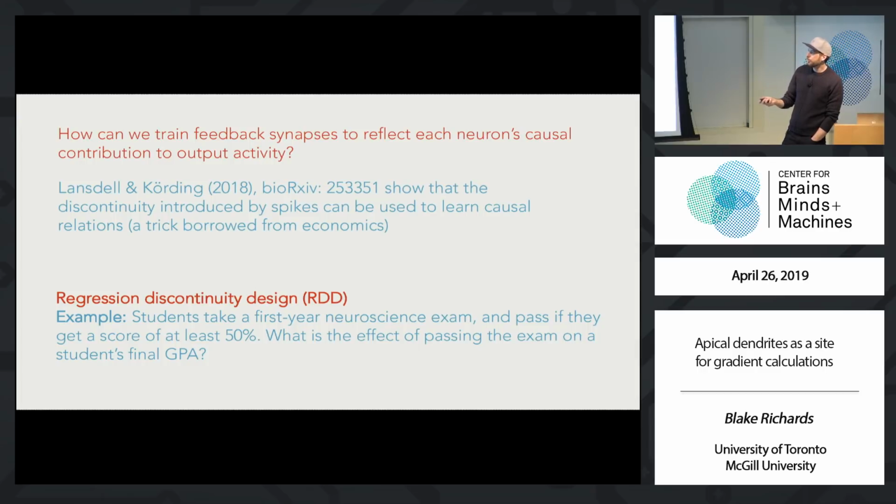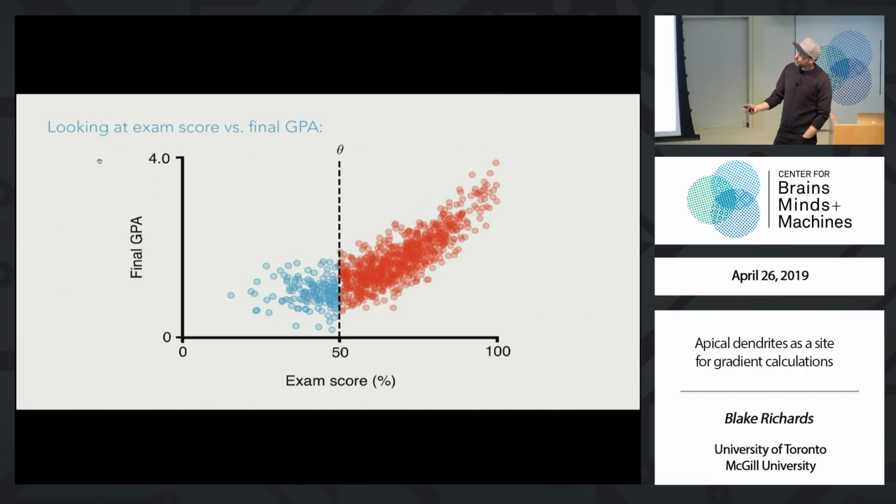Let's imagine that students in a first-year neuroscience exam take the exam and they pass if they get a score of 50%. Now the question is, what is the causal effect of passing that exam on the student's final GPA? Like, how does it somehow impact their later studies? Now if we just look at the relationship between exam score and final GPA, presumably we're going to see a positive correlation between those two things.